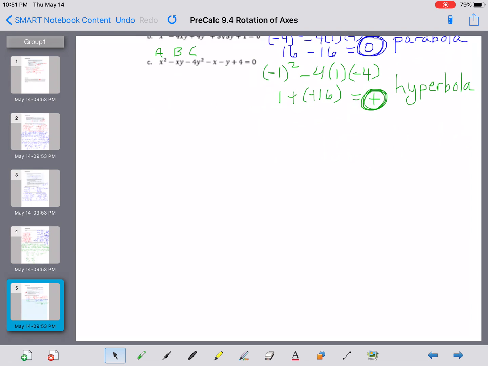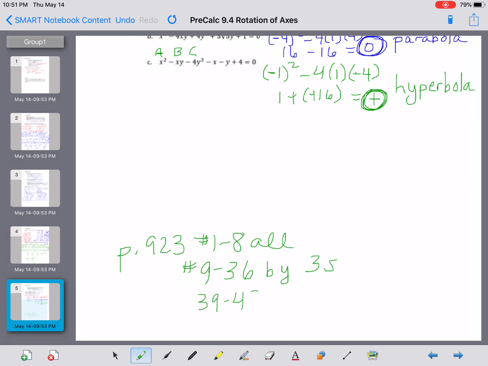I have 1 through 8 all, which means that's probably just looking at an equation and telling me what kind of conic section. Some of the 9 through 36 by 3s. That will give you some of the long equations and figuring them out. 39 through 43 odd will be like we just did there with our degenerates, just looking at them and doing the b squared minus 4ac. So try a few of these.